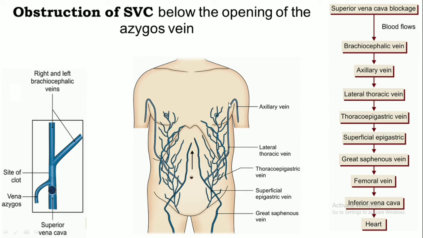The blood from the axillary vein goes to the lateral thoracic vein, and from the lateral thoracic vein it goes to the thoracoepigastric vein, and through the thoracoepigastric vein blood goes to the superficial epigastric vein and to the great saphenous vein, to the femoral vein and the inferior vena cava, and lastly the heart. So this is how the blood flows, and it is a connection between the lower limb veins and the upper limb veins.